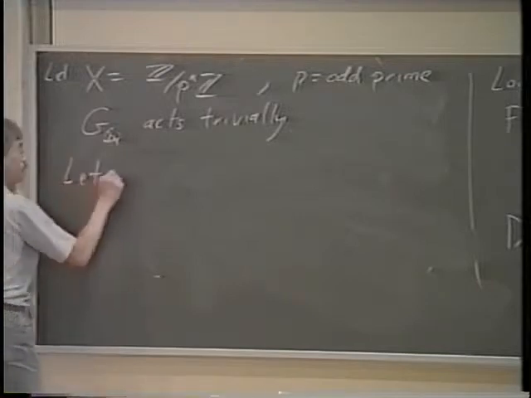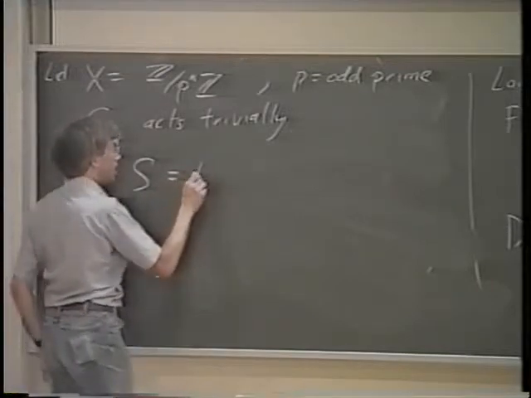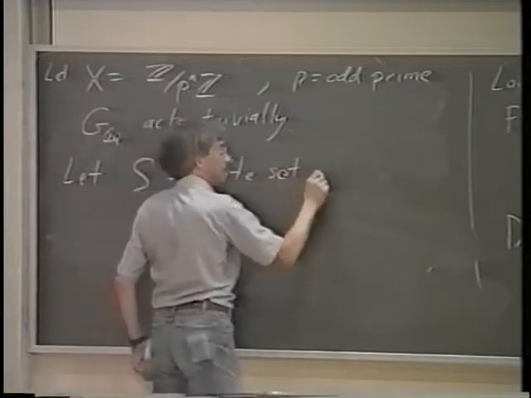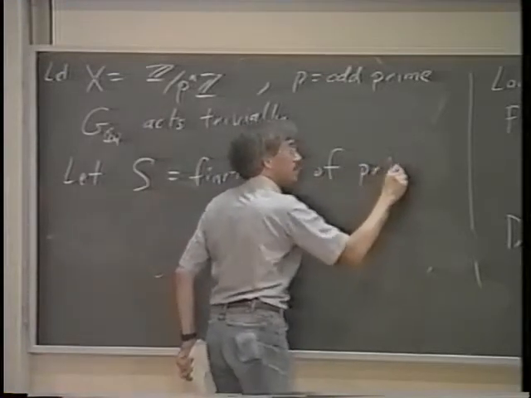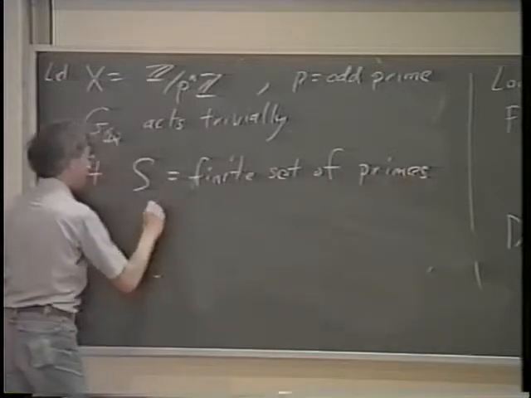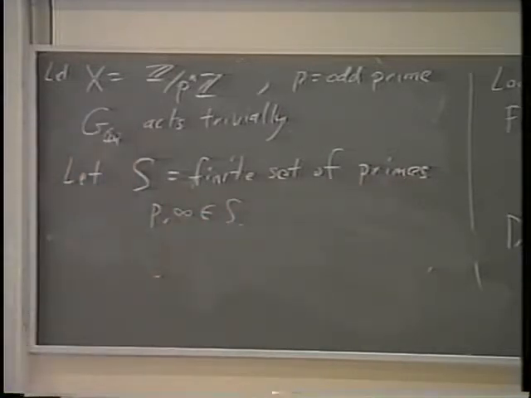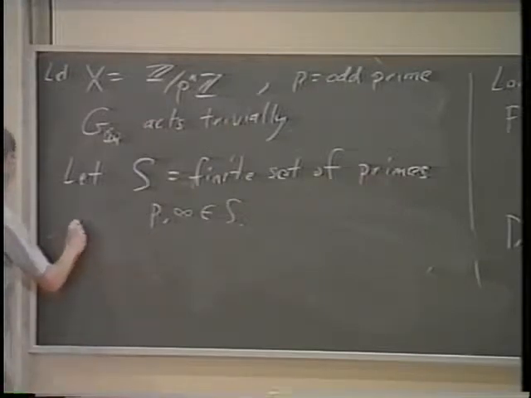So let's let S be a finite set of primes. And we'll make p and infinity in S. Just makes things easier. And now we got to define our L's.